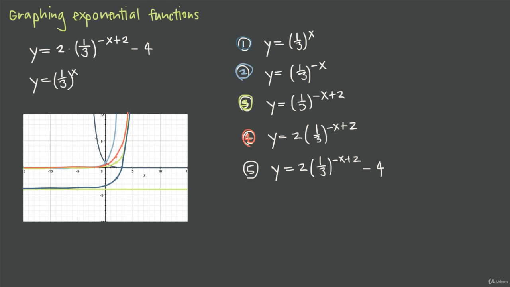And then finally, we were able to take that curve and shift it down vertically 4 units to get to this last curve here that we sketched, and that is the curve that represents 2 times 1/3 to the -x plus 2 minus 4, which we were able to get to through a series of transformations, starting with the graph of 1/3 to the x.